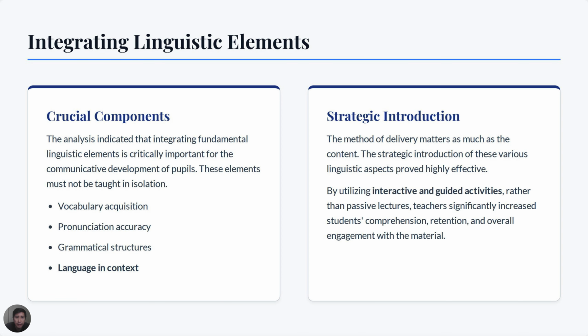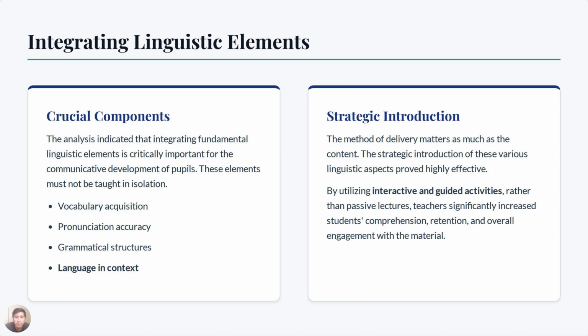Then we have the integration of the linguistic elements. Moving on to the technical aspects of the language, the analysis shows us that elements such as vocabulary, pronunciation, and grammar are obviously critical. However, the takeaway here is not what to teach, but how to teach it. These elements cannot be taught in a vacuum.